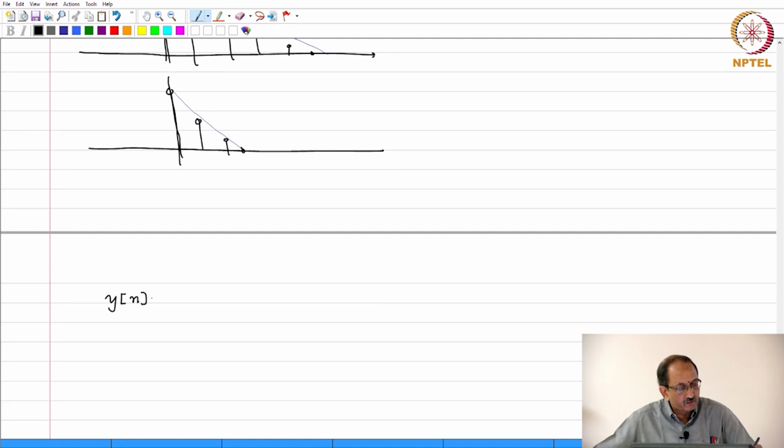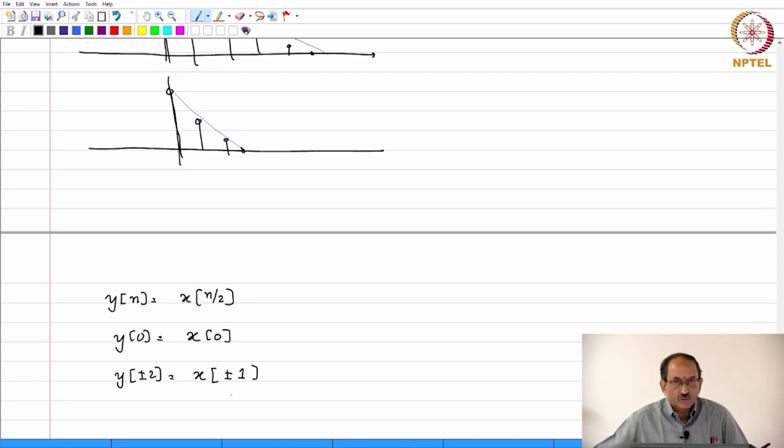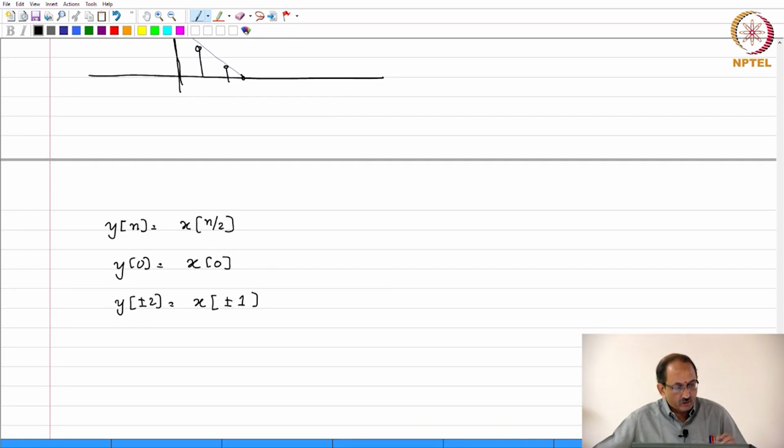counterpart, that is y of n is x of n by 2. Immediately you see that y of 0 is x of 0 and y of plus or minus 2 is the same as x of plus or minus 1 and so on. That is y of 2 is the same as x of 1, y of minus 2 is the same as x of minus 1 and so on. So there are no issues here.